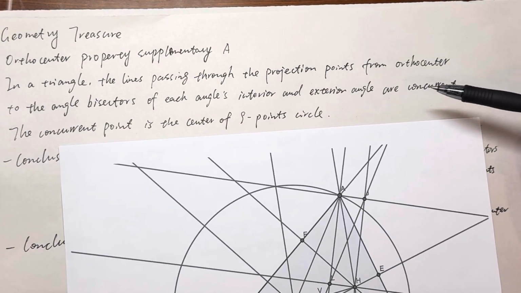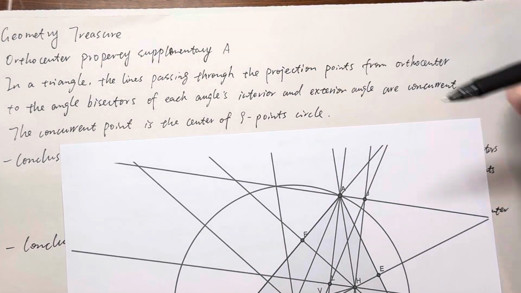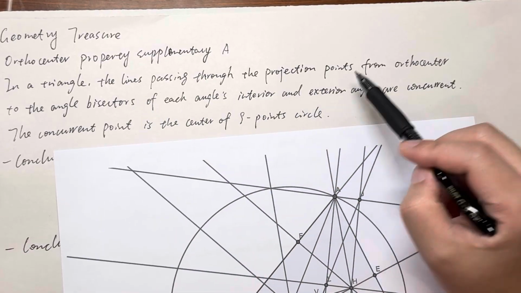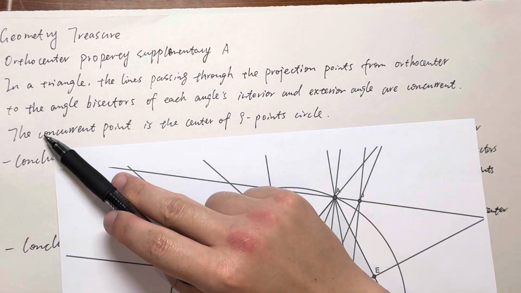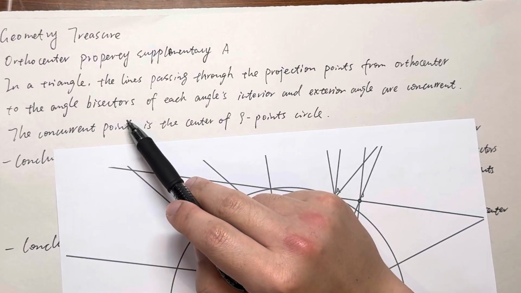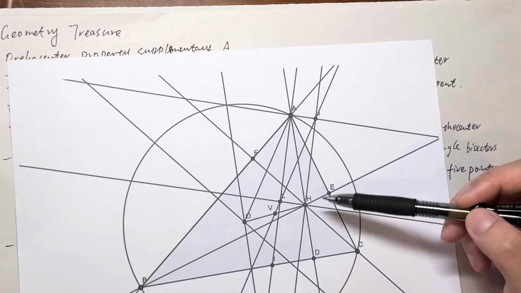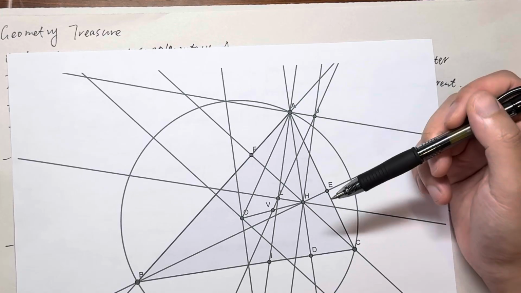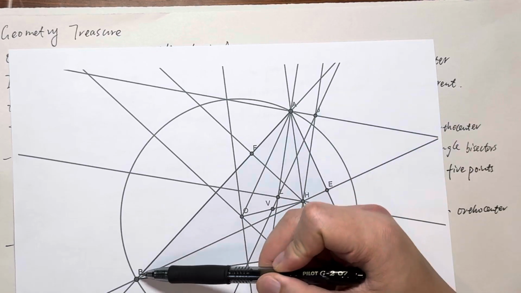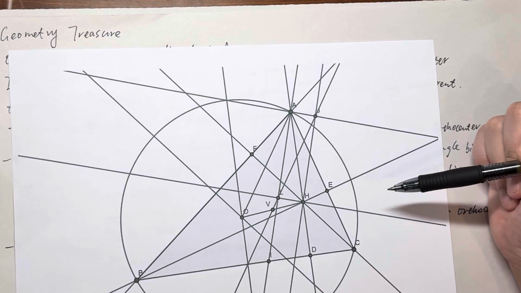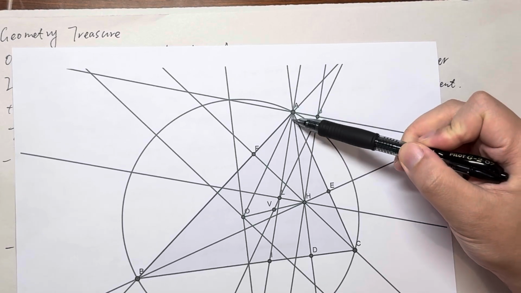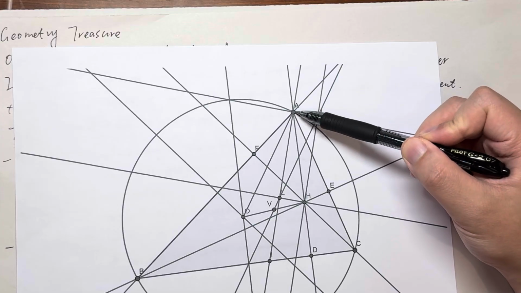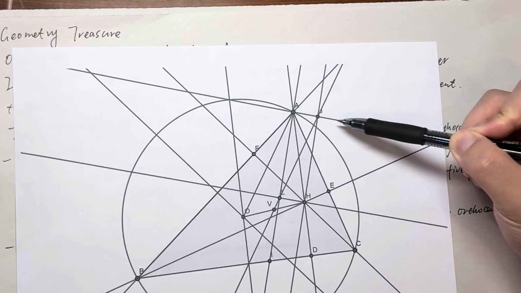So basically it's saying that in a triangle, the line passing through the projection points from the orthocenter to the angle bisectors. So we find the orthocenter first, and then we find the angle bisector. For example, here in triangle ABC, we find the interior angle bisector AI and the exterior angle bisector, this line.